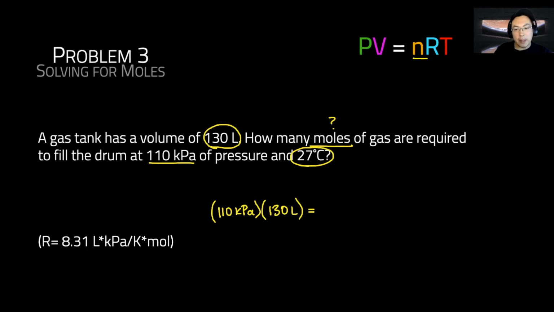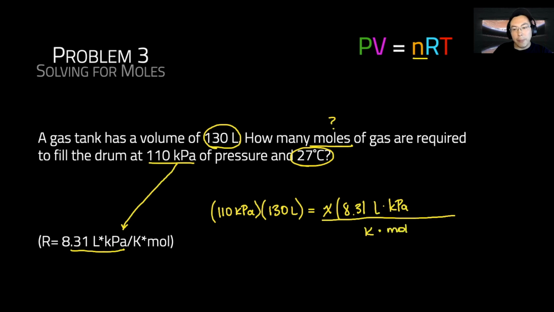We can set up the X in here. For our constant, we're given according to the pressure, remember, kPa, kilopascal, 8.31, and we can include the whole units here, liter, kilopascal, all of this over Kelvin times mole, right?